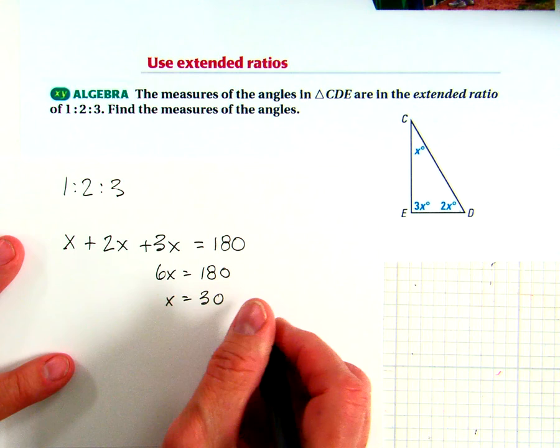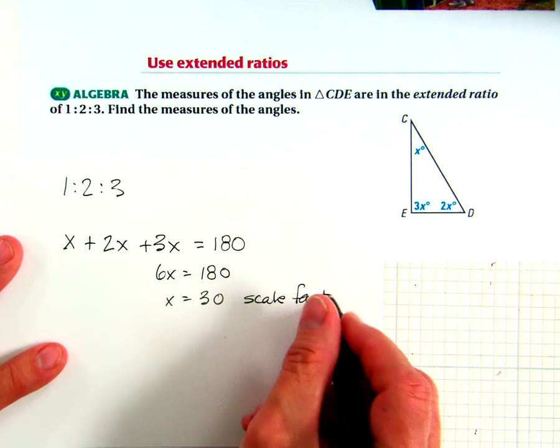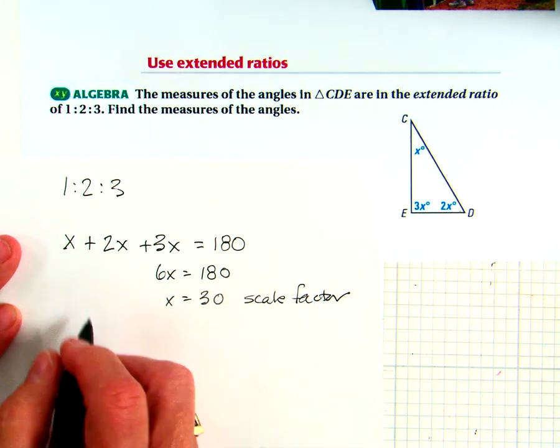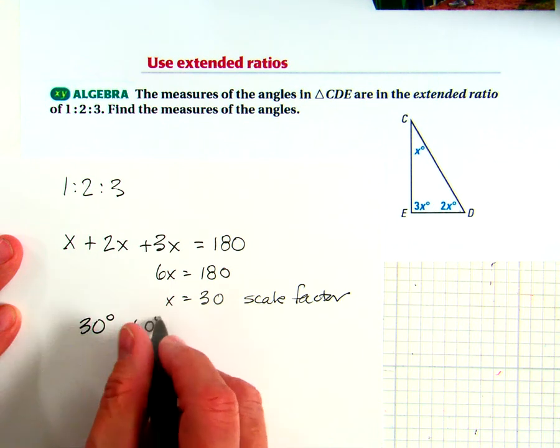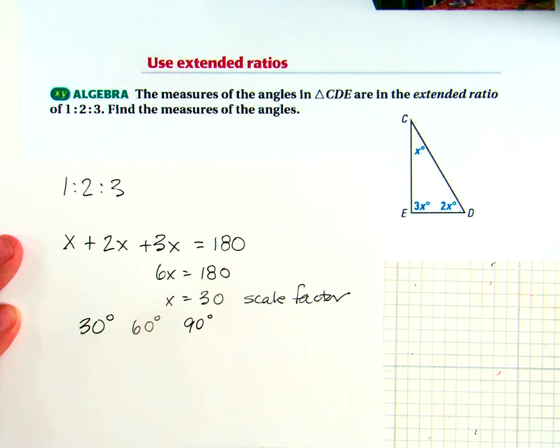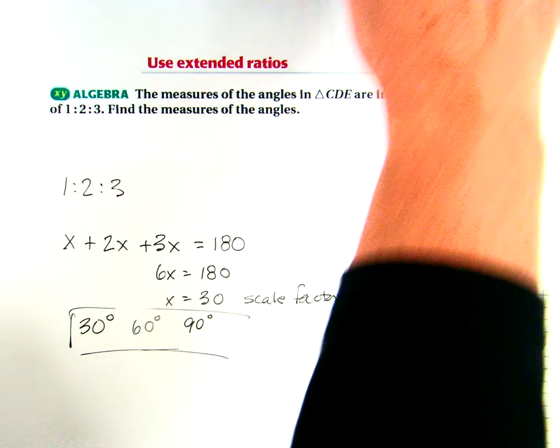So we have that the scale factor, which is what we've just gotten now, is 30. So 1 times 30 is 30, 2 times 30 is 60, 3 times 30 is 90. So the three angles are 30, 60, and 90.